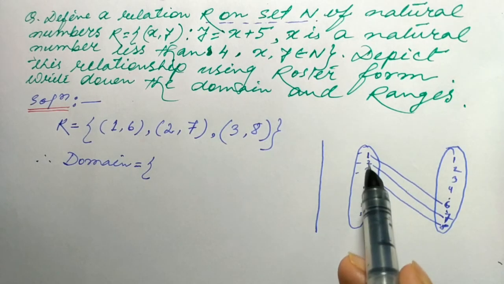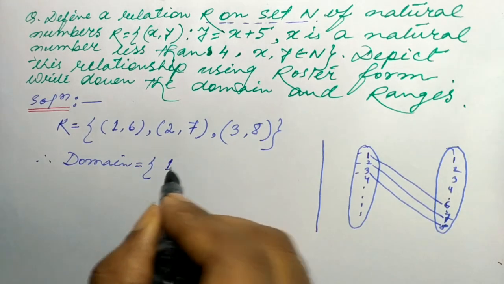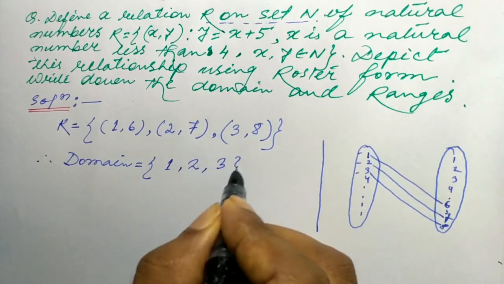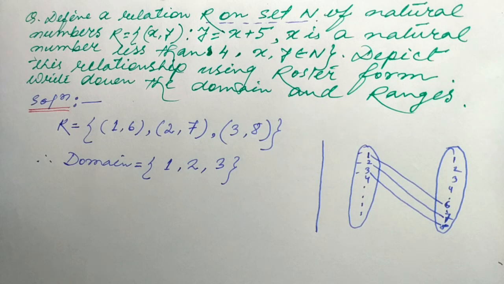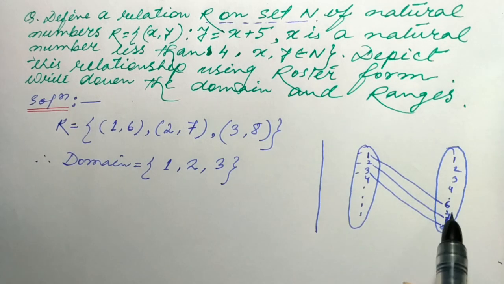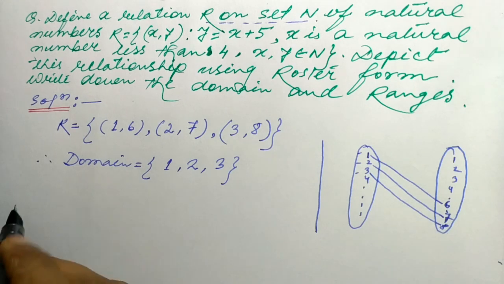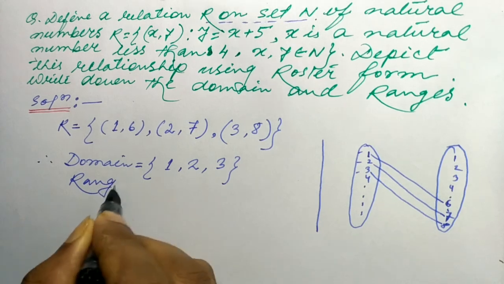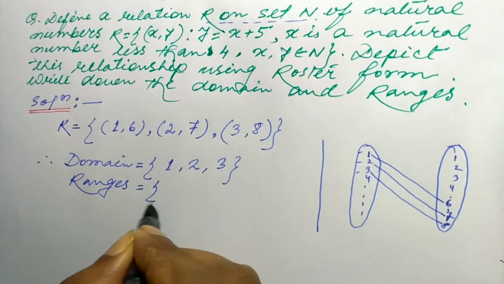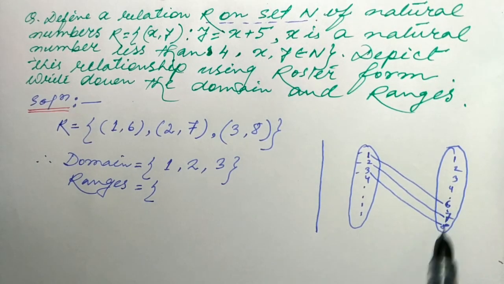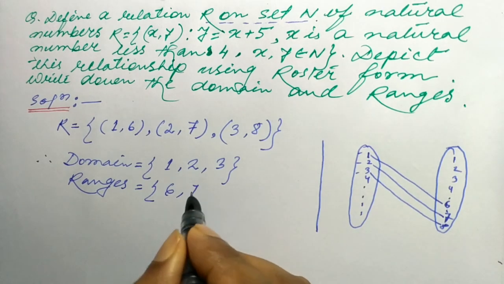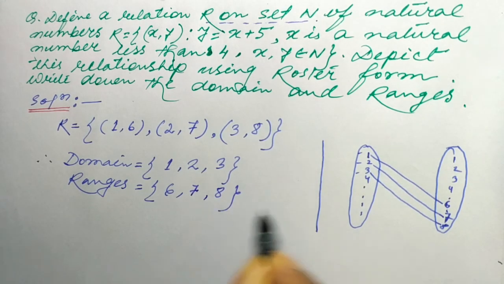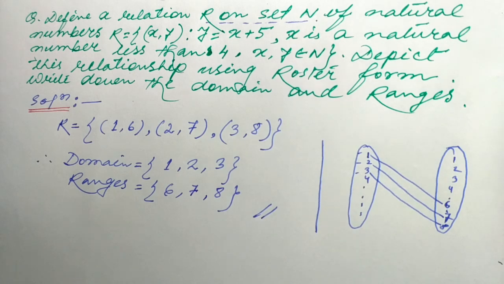Here the permissible inputs are only 3, that is 1, 2, 3, because x is less than 4. And y becomes 6, 7, 8, and they become the range. Range means all possible outputs, and all possible outputs are 6, 7 and 8. So this is our solution.